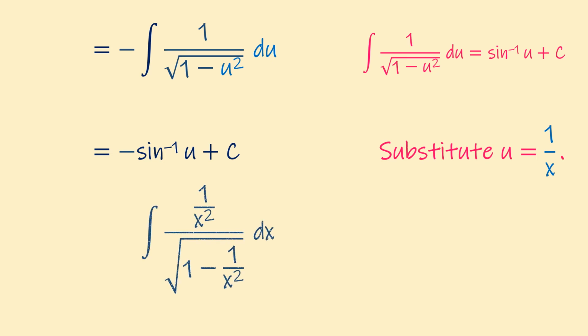Finally, the integral of 1 over x squared all over the square root of 1 minus 1 over x squared dx is equal to the negative inverse sine of 1 divided by x plus c.